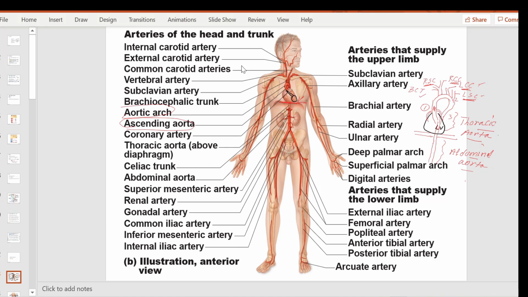And then what happens, the lower end of the abdominal aorta divides into two common iliac arteries. So this is the left common iliac and this is the right common iliac, okay. So here you see the common iliac.